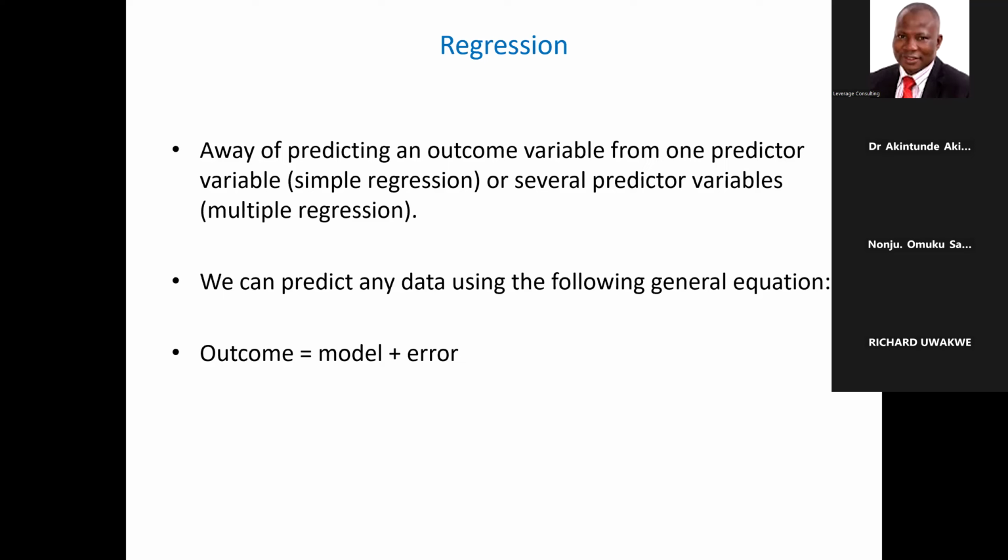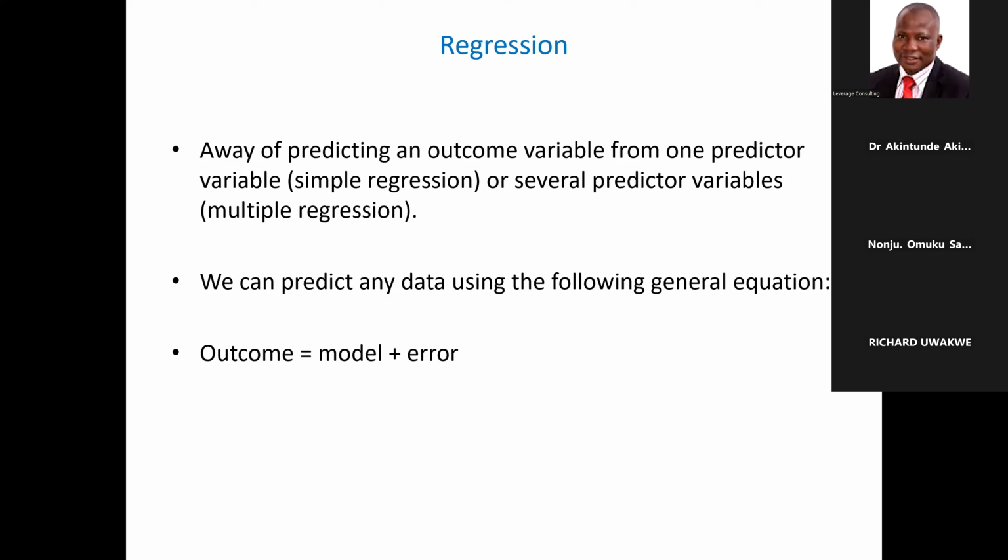So if parents are tall, the children will be tall, but not as tall as their parents because they are going towards the average in the population. If parents are short, the children will be short, but not as short as their parents because they are trying to go back to the normal in the population.